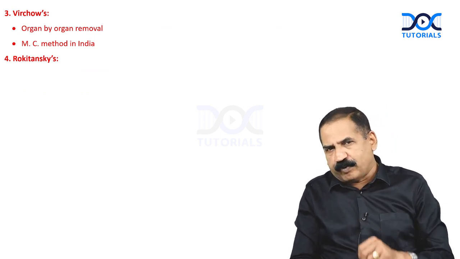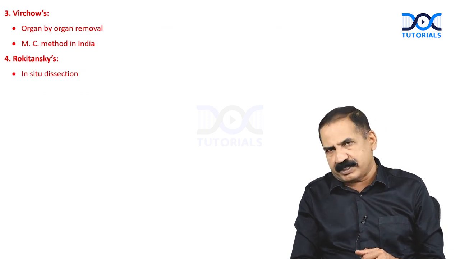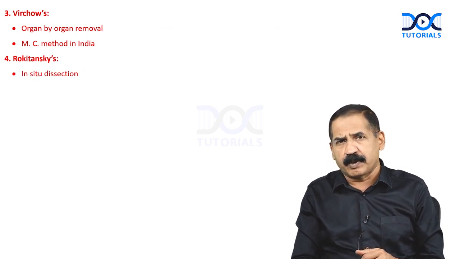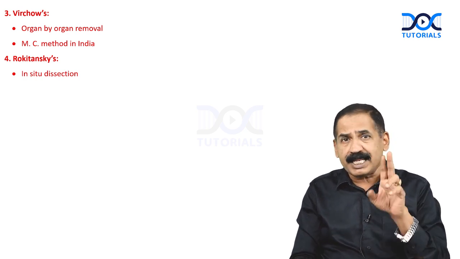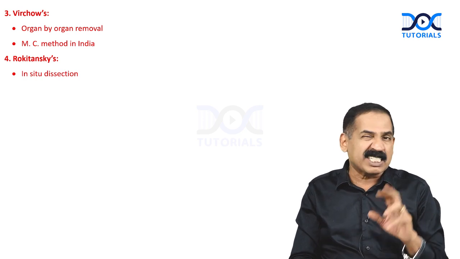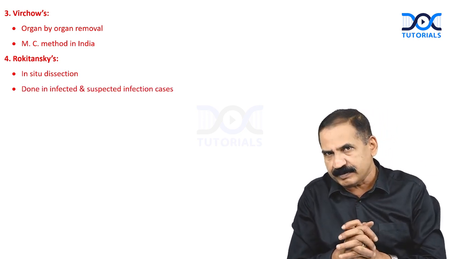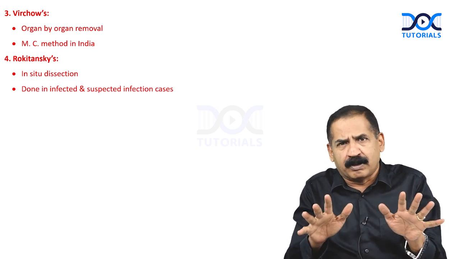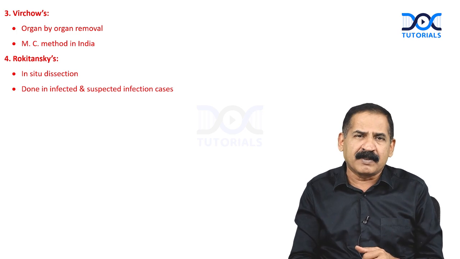Rokitansky technique, number 4. It is in situ dissection. It is done in case of infected bodies or suspected infection cases. We don't want to expose ourselves too much with the dead body.